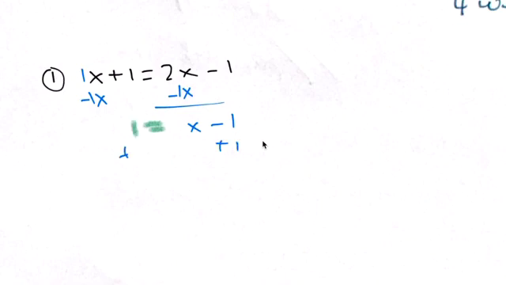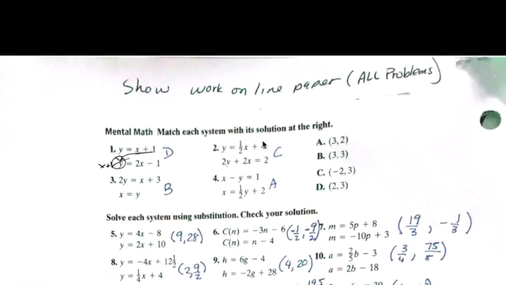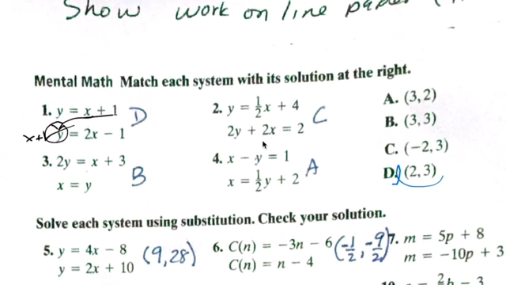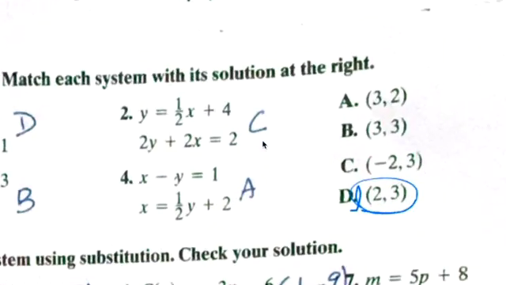Add 1, x then is just 2. So x is 2. Substitute for y. Oh, so that's the only possible one, D, where x is 2, you see? But I need to at least see that one. The first one, x.